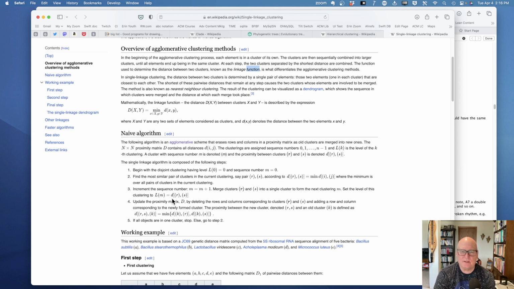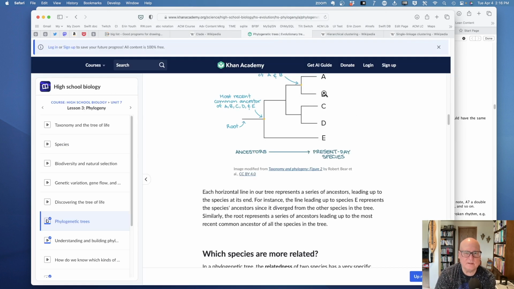So the real question is, how do I merge things together? Now, this is not working on space. The result's going to look more like that tree, the phylogenetic tree we had in the earlier thing, more like one of these two clusters, and so on.